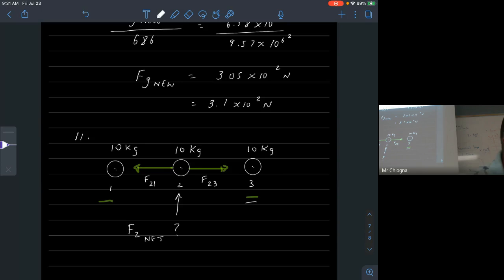Notice I drew those arrows the same length. And that's because the mass 1 and 3 are the same. And the distance is the same.